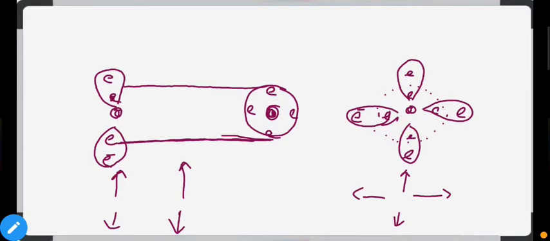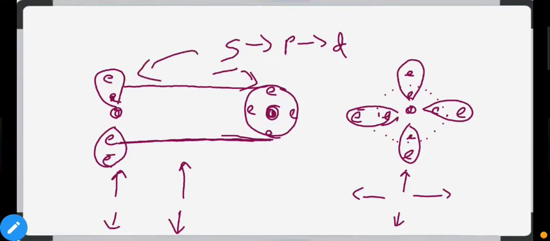So as we move from s to p and p to d, most of the time electrons are moving away from the nucleus. In case of an s orbital, they have limited space, that's why they are closer to the nucleus. In case of a p orbital, the distance is increased. In case of a d orbital, it increases even more.